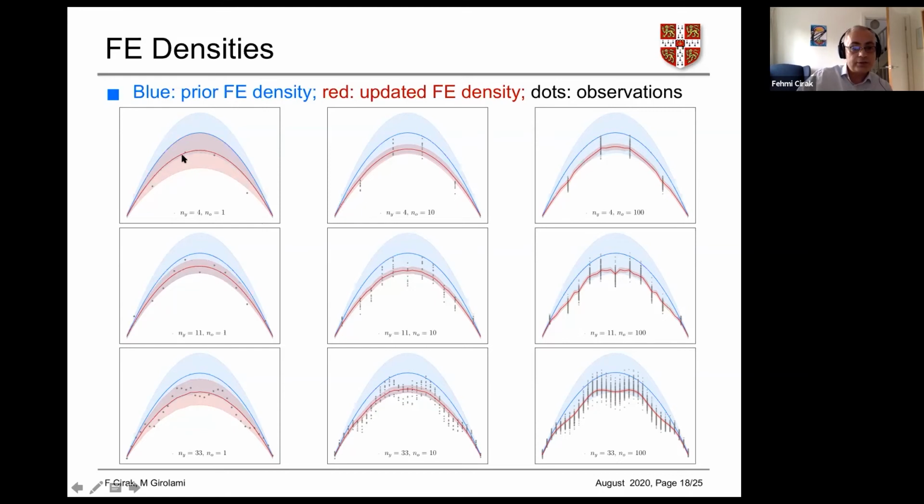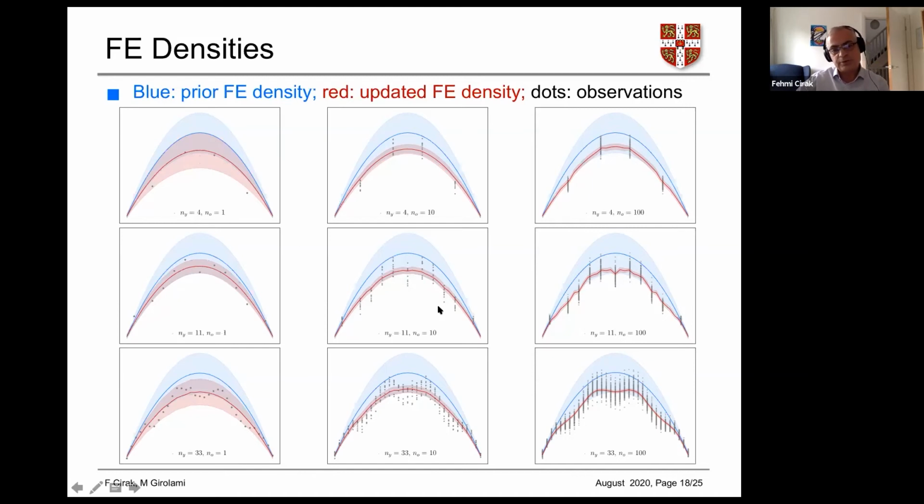And you can see after 1 reading already, the finite elements solution is updated to this red curve, which is closer to the sensor readings. And in addition to that, its 95% confident region becomes smaller.